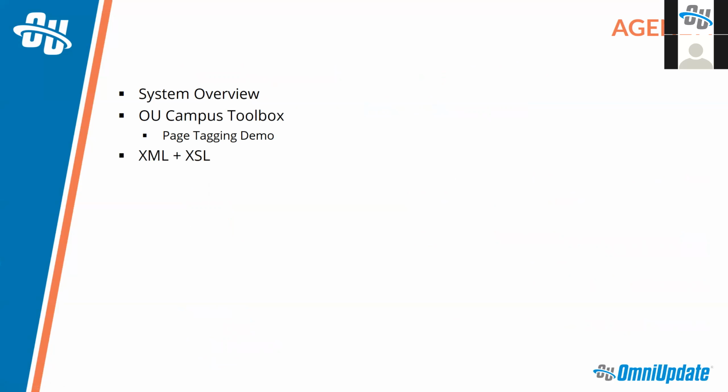Then we're going to talk about the benefits and the power of the pairing of XML and XSL and why we moved in that direction. And then I'll try to show you a quick demo of that in action. And if you guys have any other questions, please check in and I'll try to answer them as best as I can at the end.